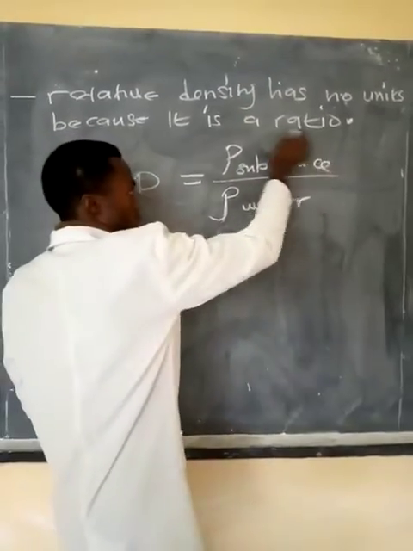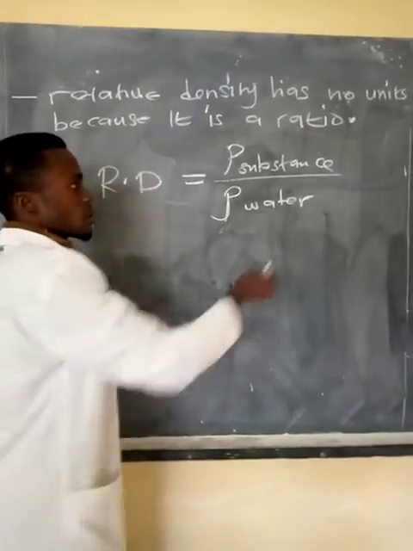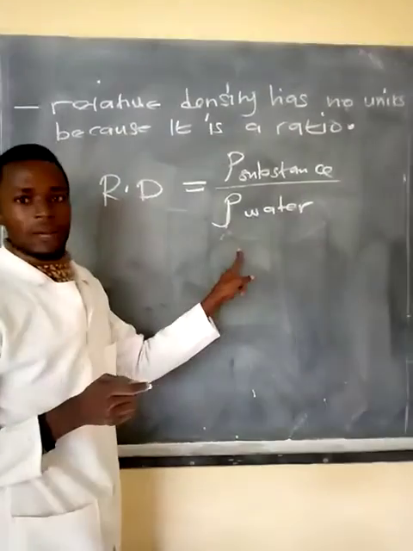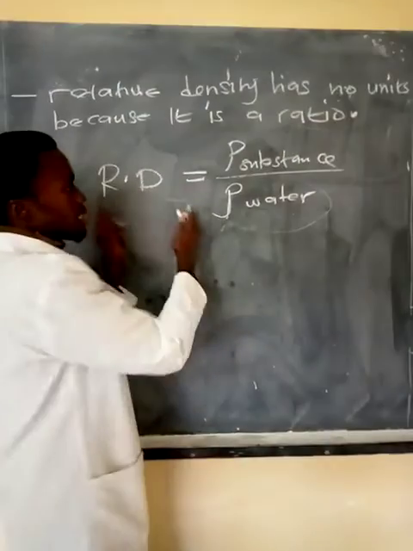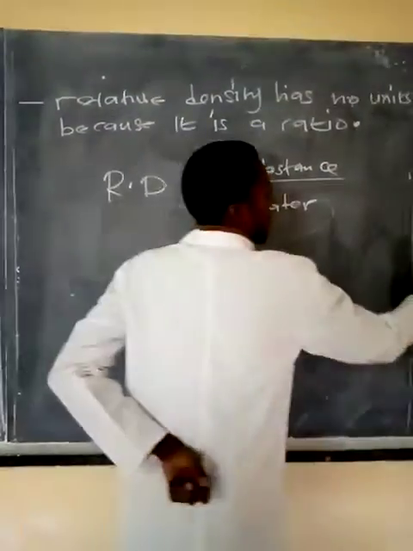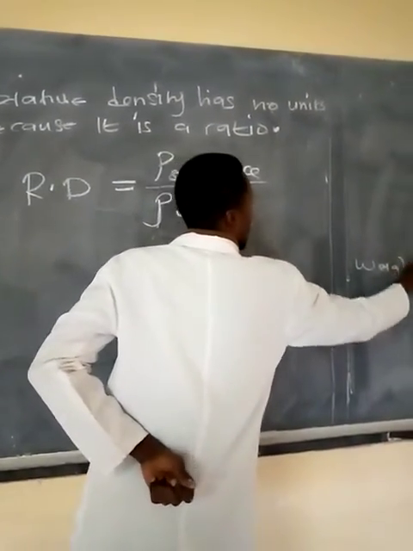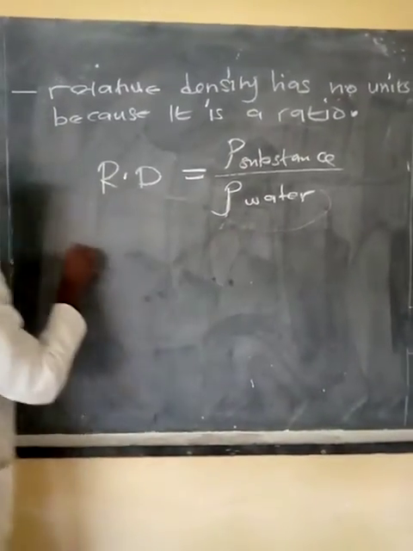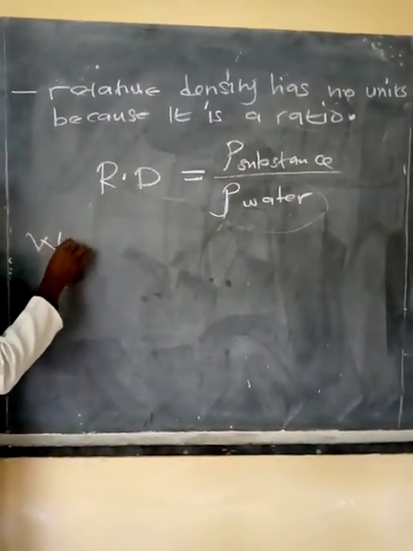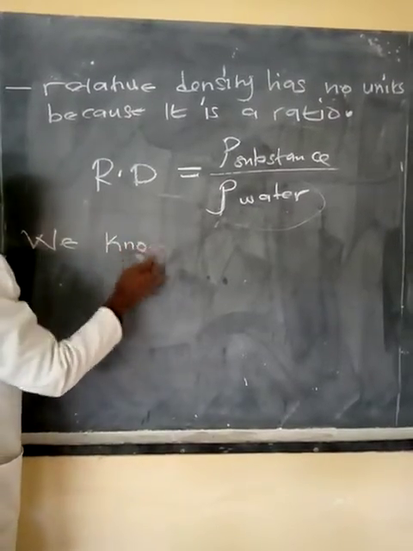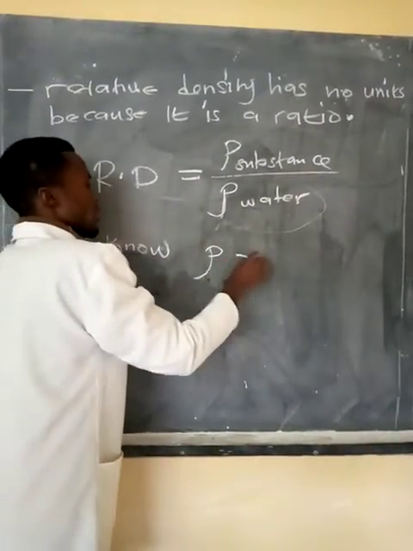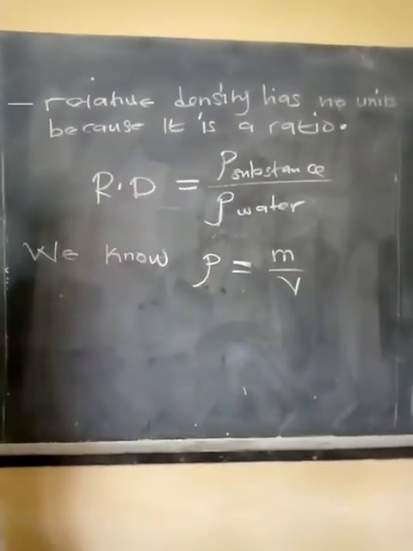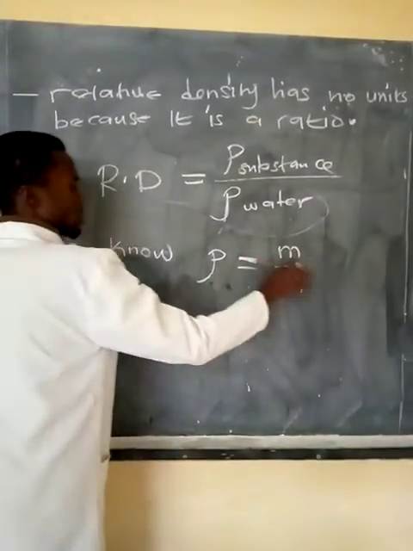We substitute the density for this, also the density for that. Because relative density can also be presented in weight. So we start with the density of a substance. We know density is equal to mass over volume.